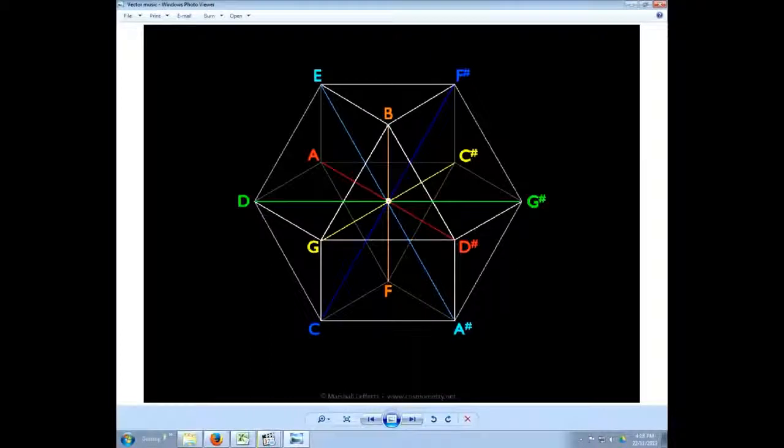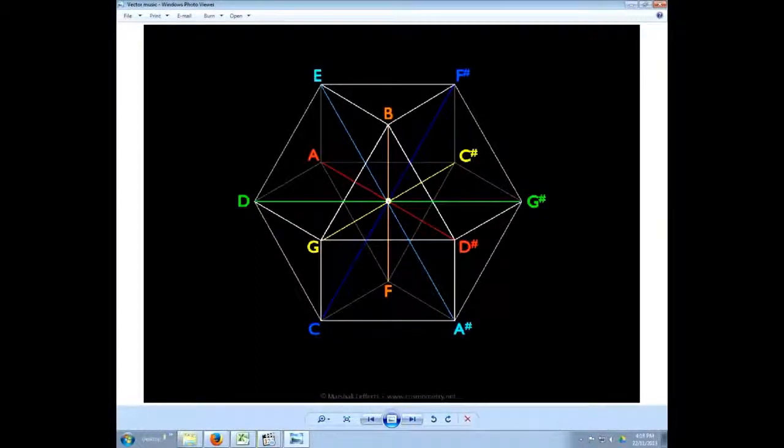What is very interesting with this geometry is that if you replace the letters here by 1, 2, 4, 8, 7, 5, 1, 2, 4, 8, 7, 5, then 1 and 2 equal 3, 2 and 4 equal 6, 4 and 8 equal 12, which is 3. 8 and 7 equal 15, which is 6. 7 and 5 equal 12, which is 3.